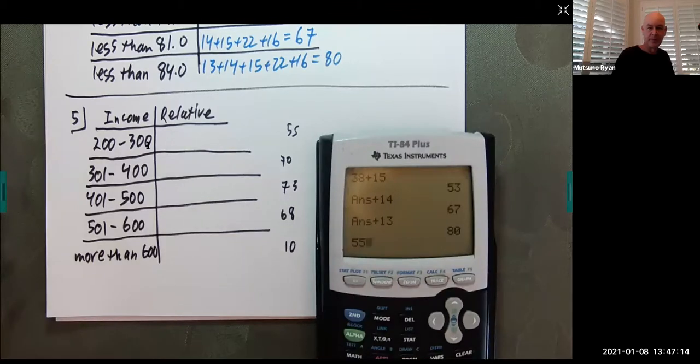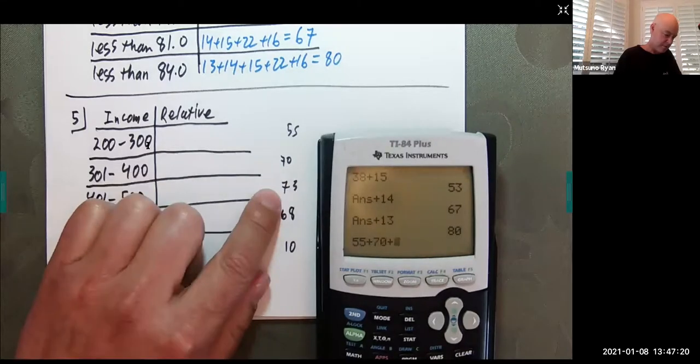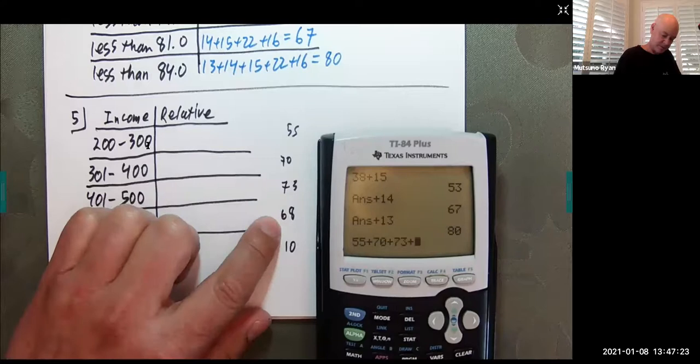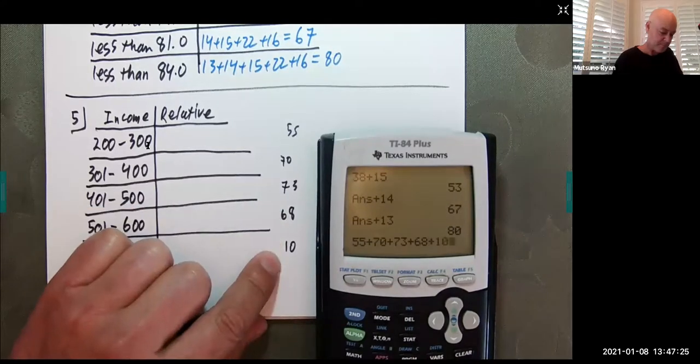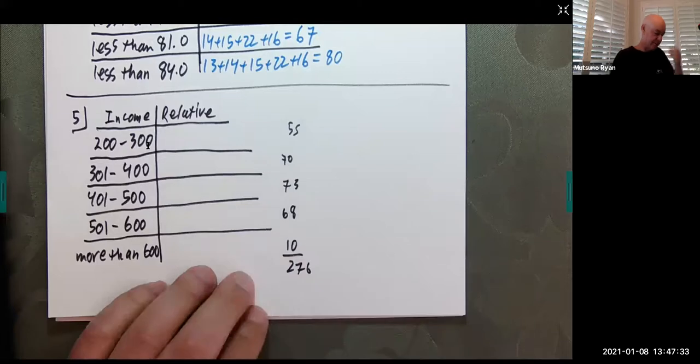55 plus 70 plus 73 plus 68 plus 10 gives me a total of 276. And that's going to serve as my denominator.